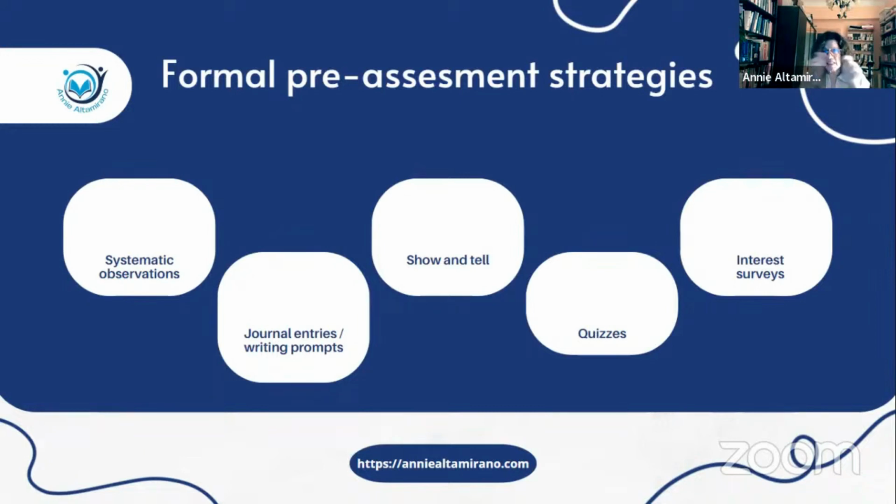We can design simple surveys so that students tell us what their preferred mode of working is. They can rank options to their interests, and they can elaborate on approaches to learning that they prefer.